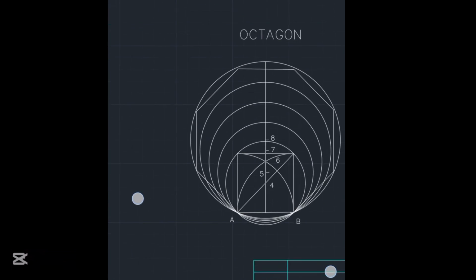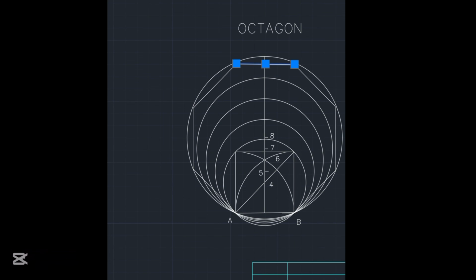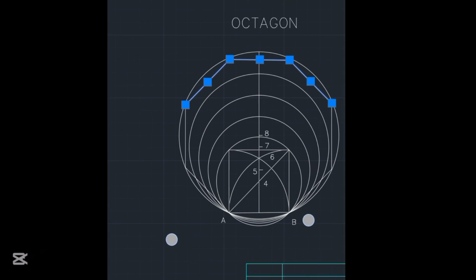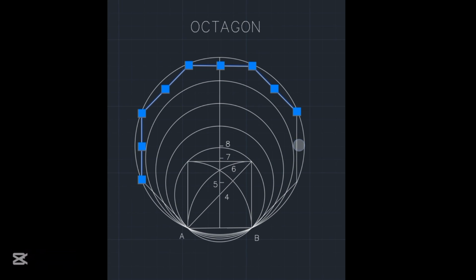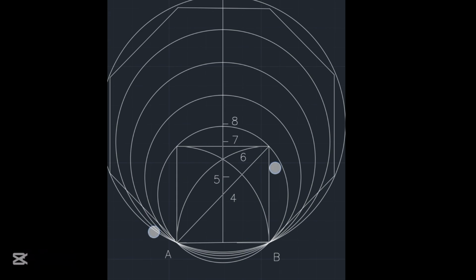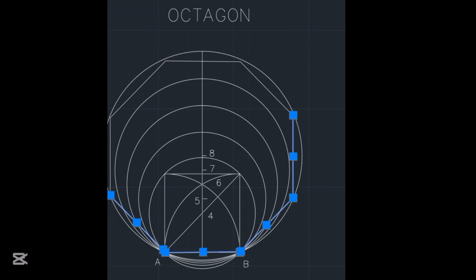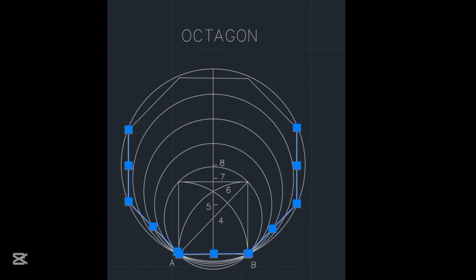So that's our hexagon. For the octagon, we'll do the same thing. Octagon has 8 sides. So this is 1, this is 2, this is 3, this is 4, this is 5, this is 6. Escape, escape. Let's start again. 1, 2, 3, 4, 5, 6, 7, 8.